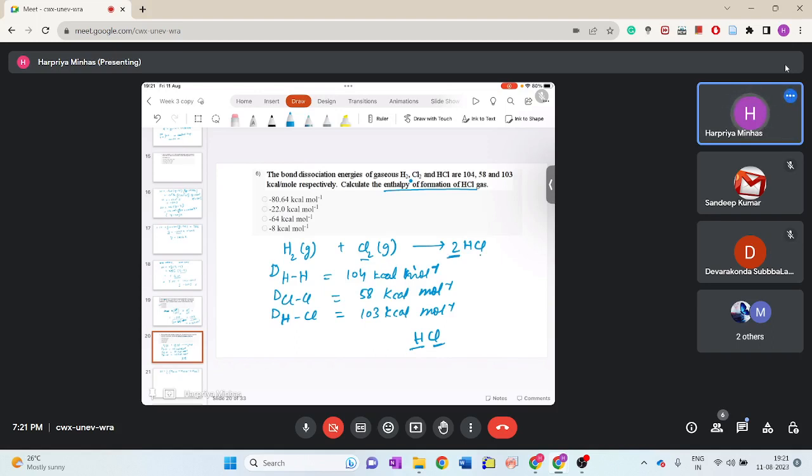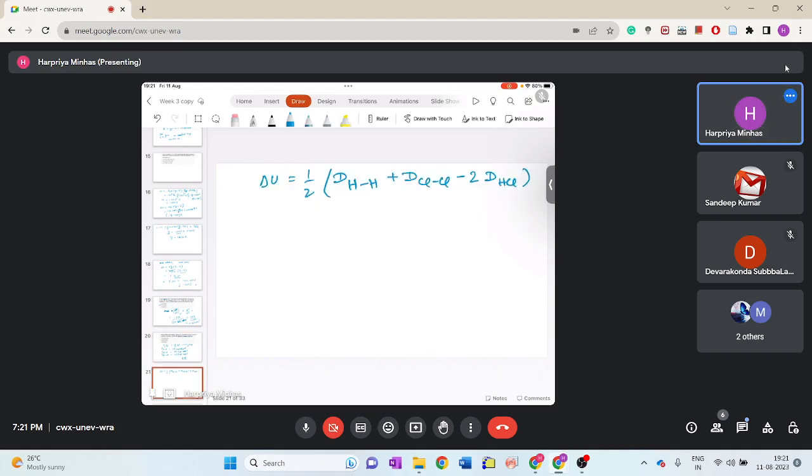So now subtracting the 2 moles over here, right? So now putting the values over here, this is your 104 plus 58 minus 103, 2 into 103. So this will all be in kilocalories per mole.